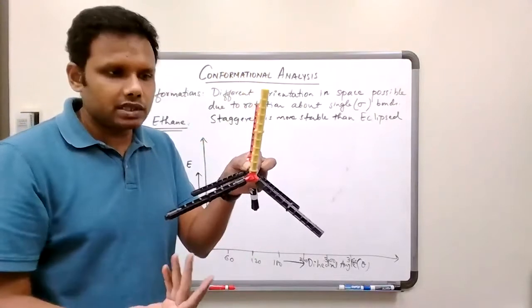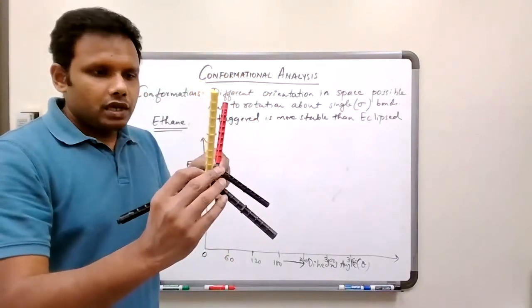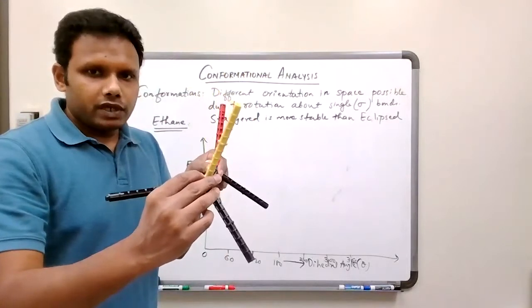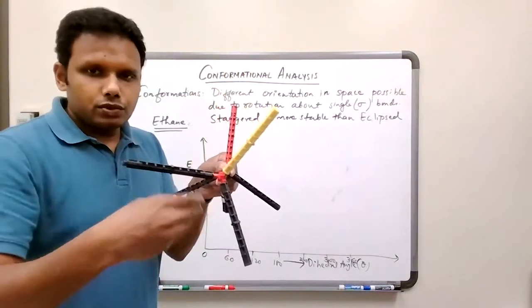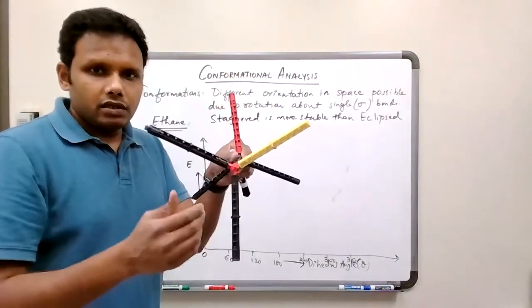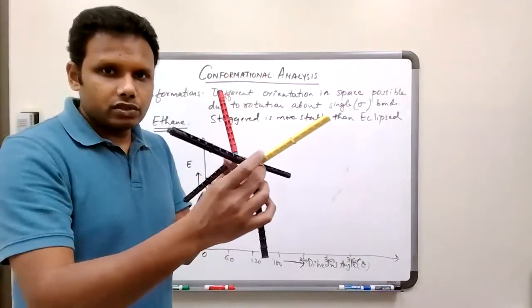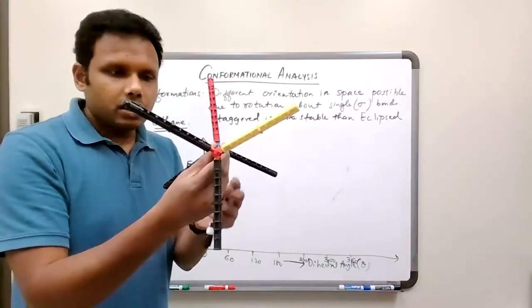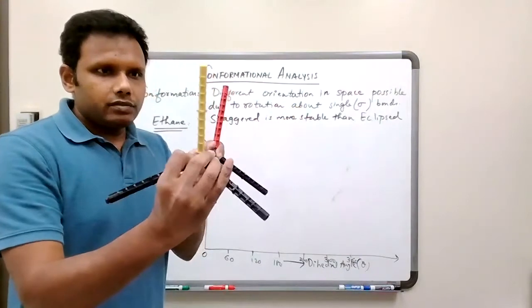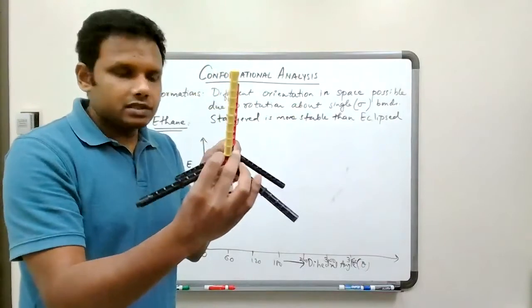So that does not stabilize. But as you move away from the eclipsed conformation and get to a staggered conformation, you get that interaction, or the electron densities are farther away from each other, whichever way you understand this. So when you start with the eclipsed, it is the least stable in some sense. It is the least stable.